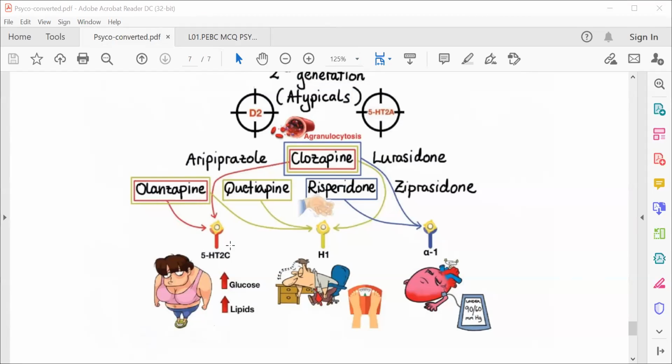Olanzapine and clozapine block the 5-HT2C receptor, leading to increased appetite and increased glucose and lipids. And also, in addition to quetiapine, they block the H1 receptor, leading to increase in weight. Okay? Yes, plus 5-HT2C. Thank you, Mohammed.